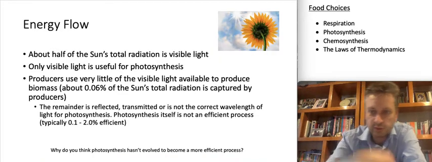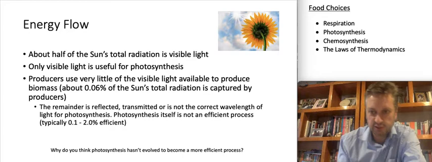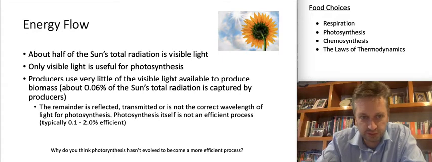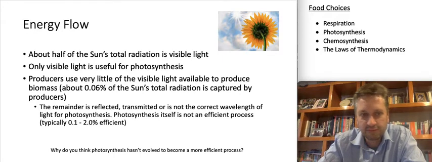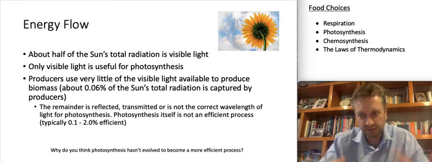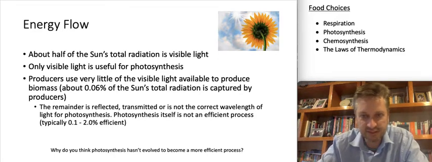Okay, so again, looking back towards energy use and the laws of thermodynamics, we need to consider a little bit the efficiency of these processes, or the efficiency of photosynthesis. When you do the mathematics, photosynthesis is an extremely inefficient process.